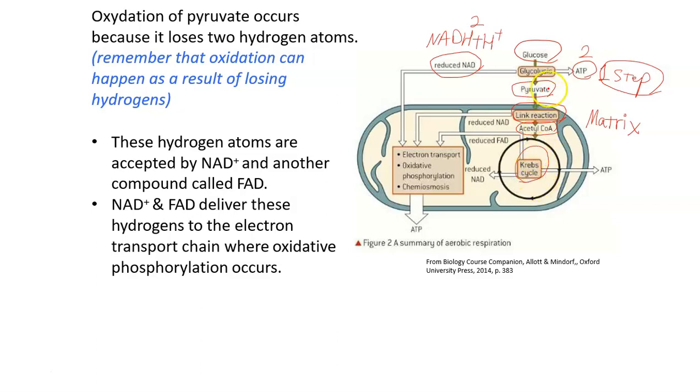So we have pyruvate and a link reaction which ends up with acetyl-CoA, and this acetyl-CoA enters the Krebs cycle. During the link reaction we have production of one NADH, and during the Krebs cycle we have the production of ATP, NADH, and another molecule which is called FADH.